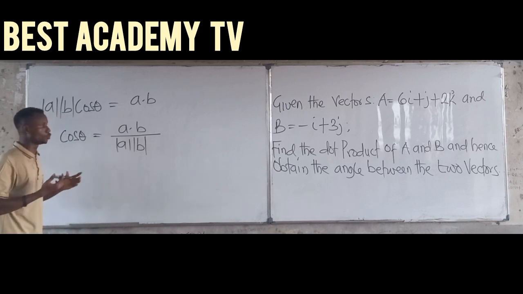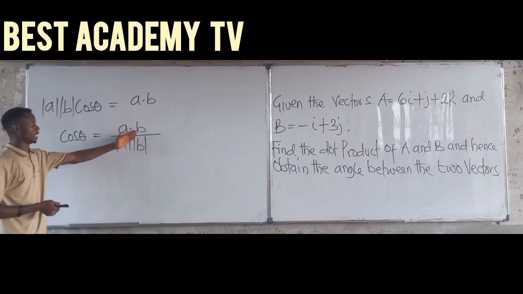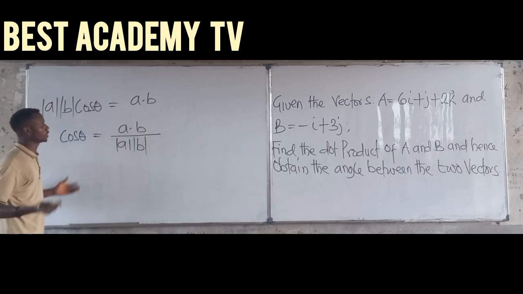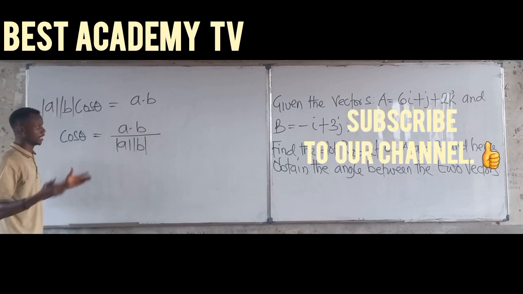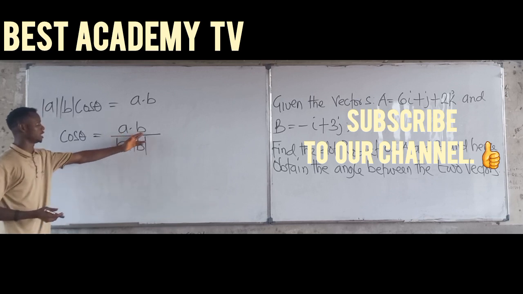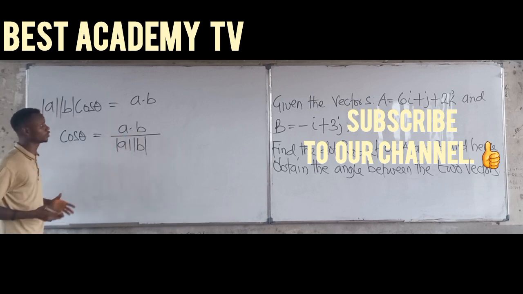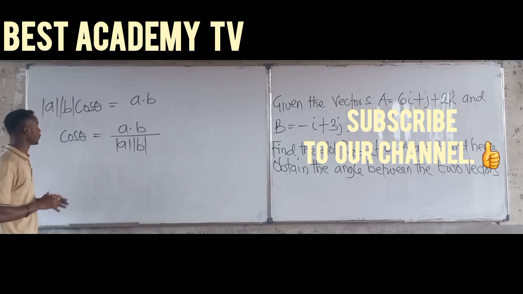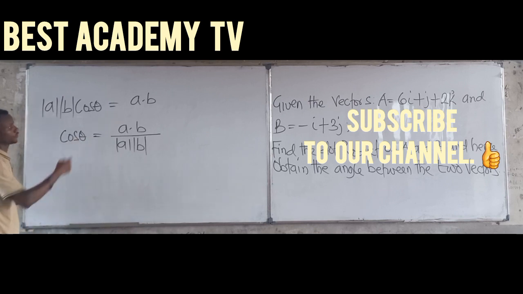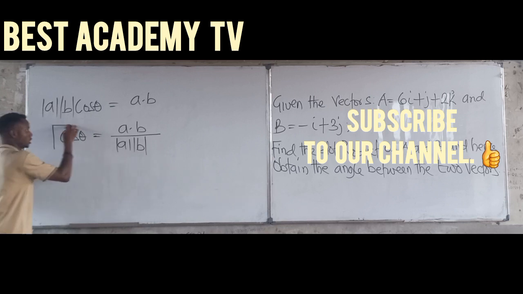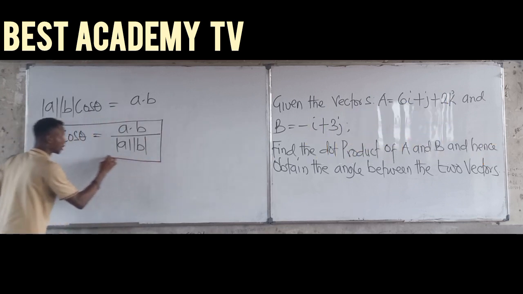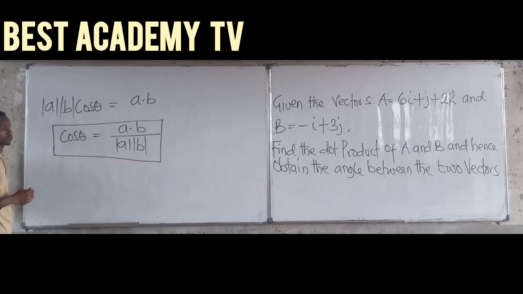So if the two vectors are said to be A and B, I'm going to use A and B here. If the two vectors are said to be D and E, I'm going to use D, E here, these labels, depending on the letters. So calculating for that question here, our cos theta, this is the formula to use in finding any angle in terms of these labels.